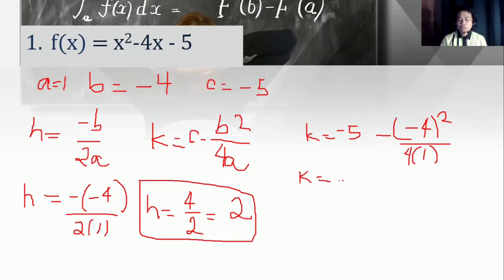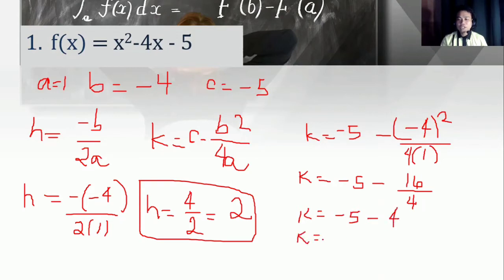So k is equal to negative 5. Negative 4 times negative 4, or negative 4 squared, the answer is 16 all over 4. Then simplify. k is equal to negative 5, 16 divided by 4, the answer is 4.